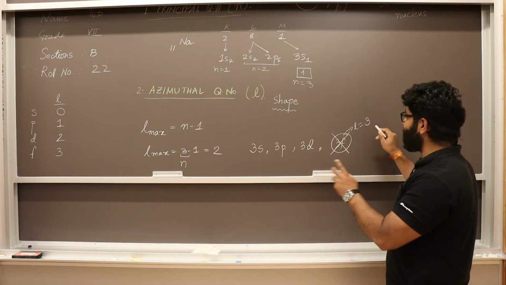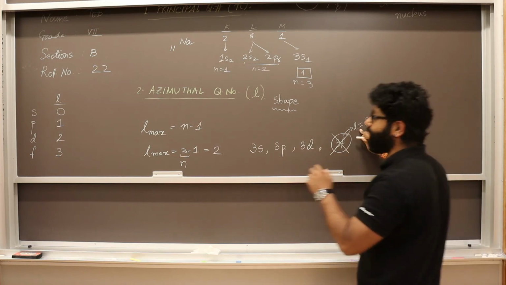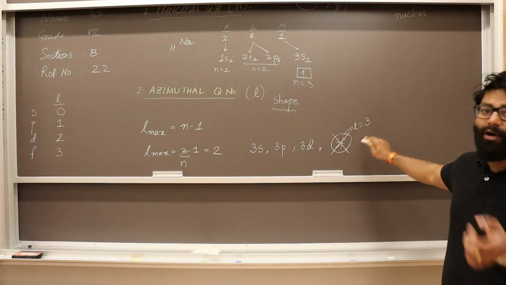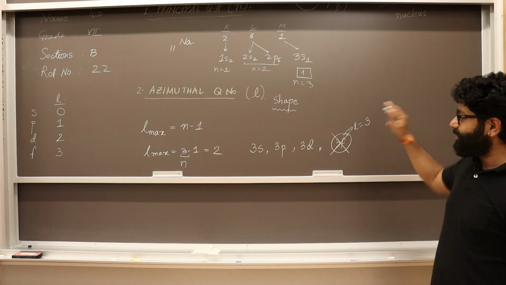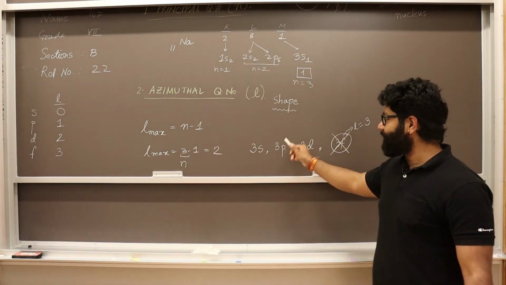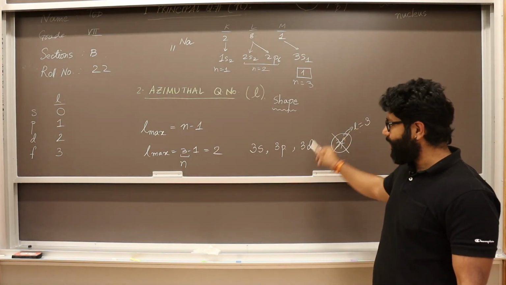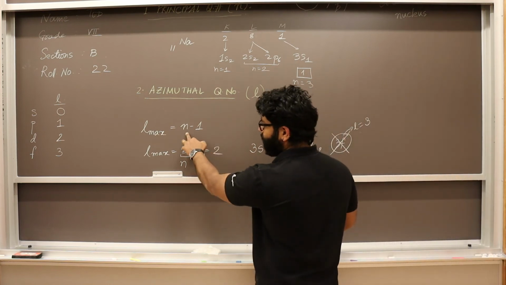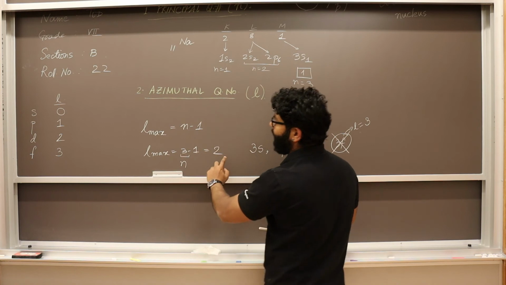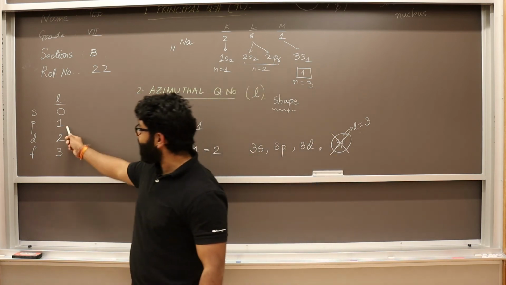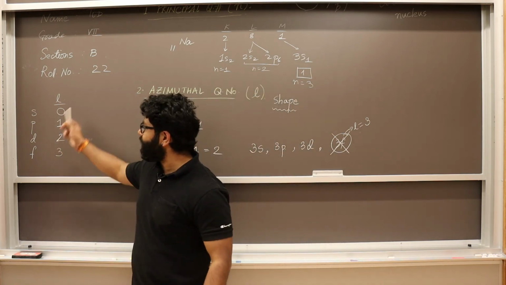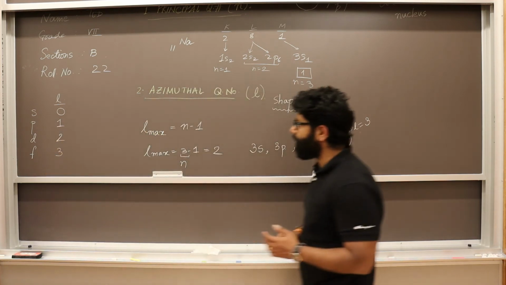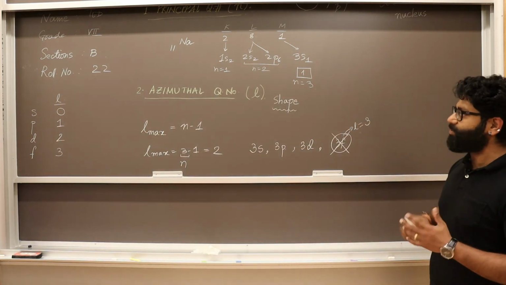And the maximum L allowed for this principal quantum number is 2. You can have a 4f, but you cannot have a 3f. Similarly, you cannot have a 2d. Why? Because when n is 2, the L max becomes 1. And that is why you cannot have a 2d. Similarly, you cannot have a 1p. Same logic. Okay? So this is the concept of the azimuthal quantum number.